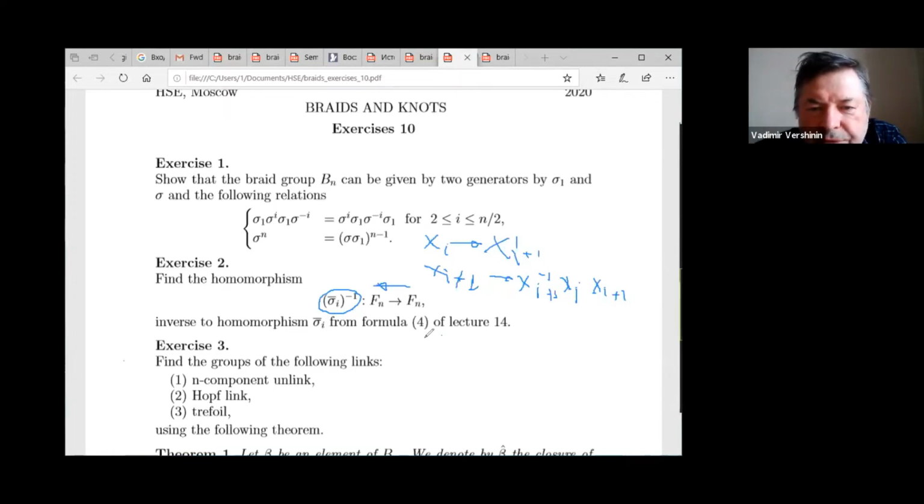So it is evident that if x_{i+1} is the image, then we simply should make that x_{i+1} should go to x_i. Okay?